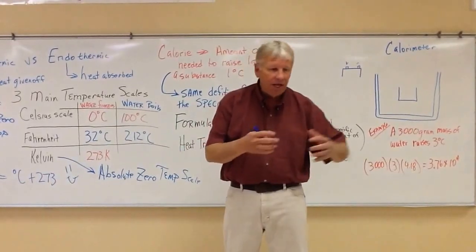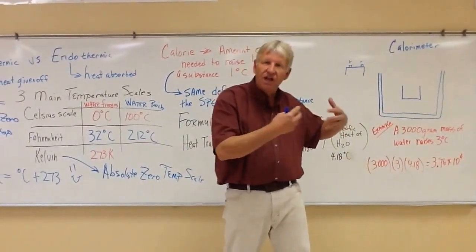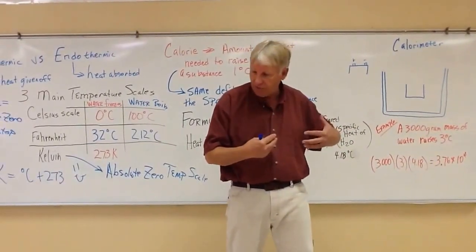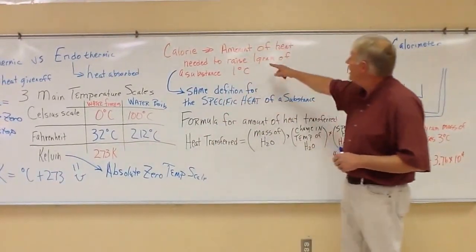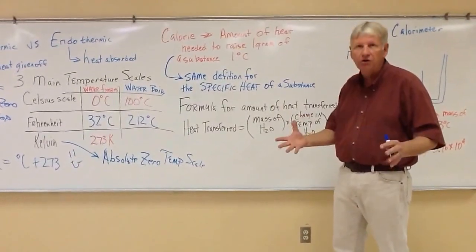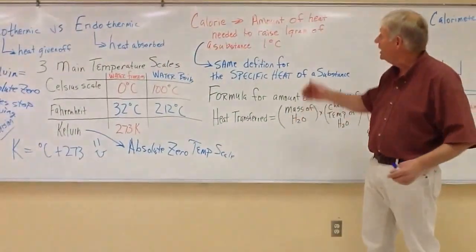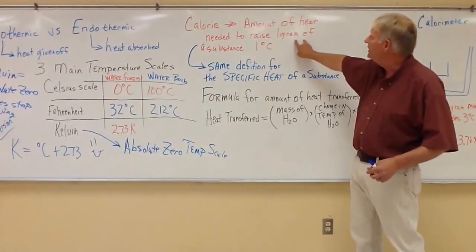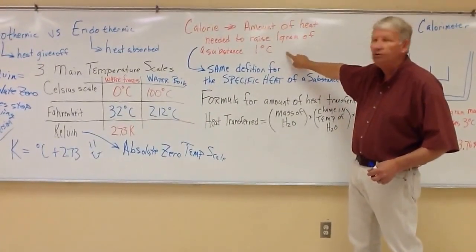Basically, we're determining in terms of the cells in our body and the intake we take in food, how much energy does it take to raise 1 gram of that particular substance, whatever it is. If it was carrots, or a Rice Krispie treat, or that pineapple upside down cake, what are the calories? Well, it's the amount of heat needed to raise 1 gram of substance 1 degree Celsius.